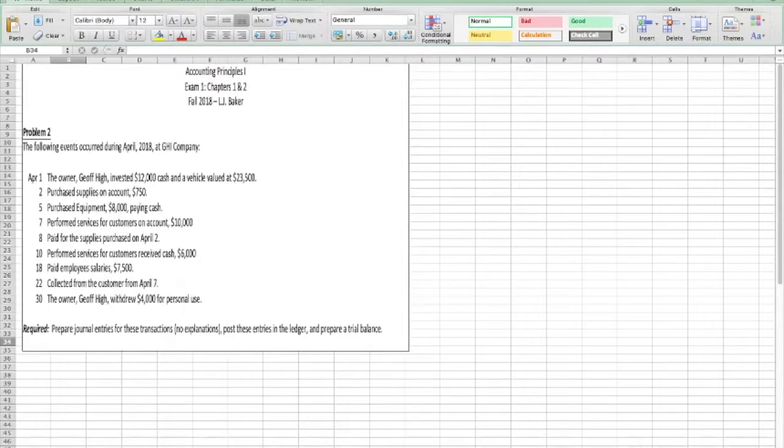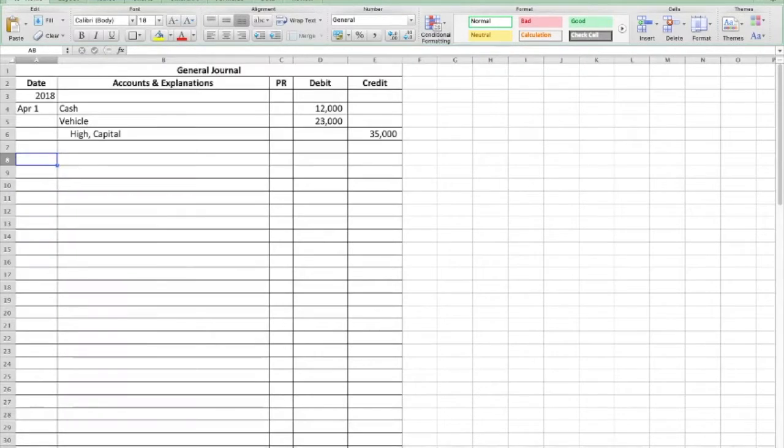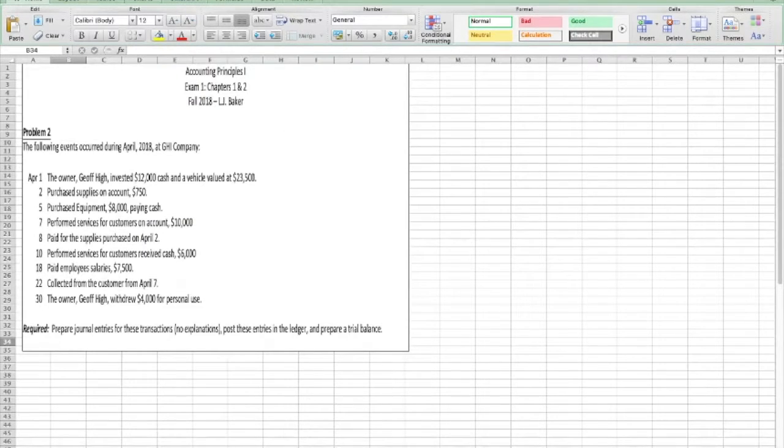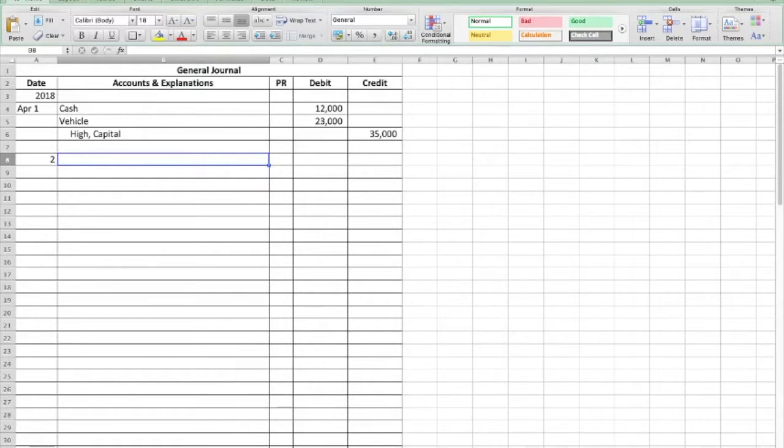So let's just jump down to transaction number 2. On April 2nd, it says we purchased supplies on account for $750. I don't need April again because the month didn't change. I only put it with the first transaction. I know the 2 accounts that are affected are supplies, which are an asset.